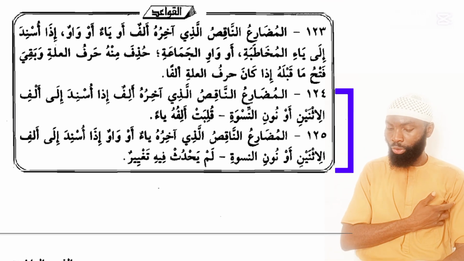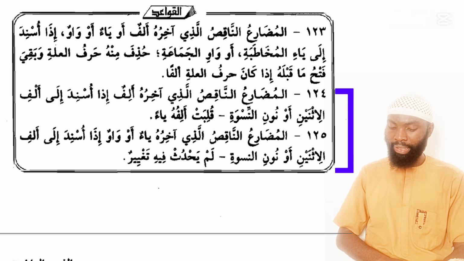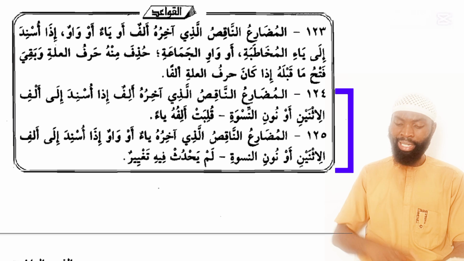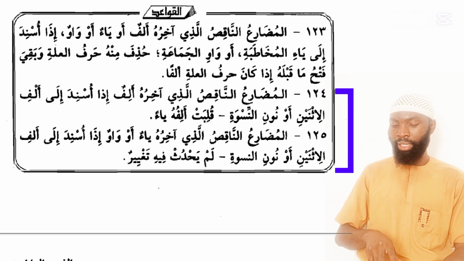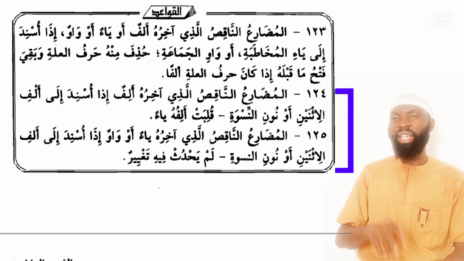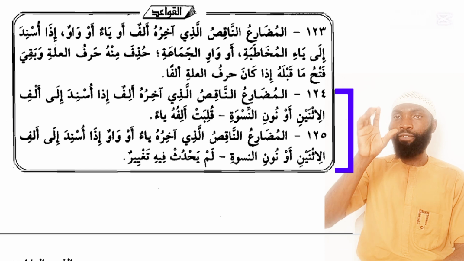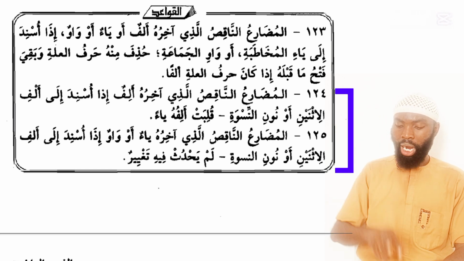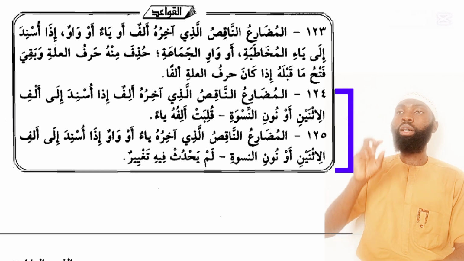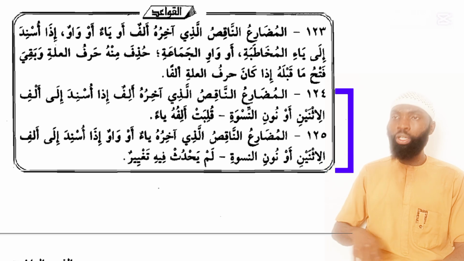The second rule says: the present tense verb whose last letter is a sick letter, and this sick letter is alif, if it is attributed to the alif of two or the noon of feminism, the alif will be made to change to ya.